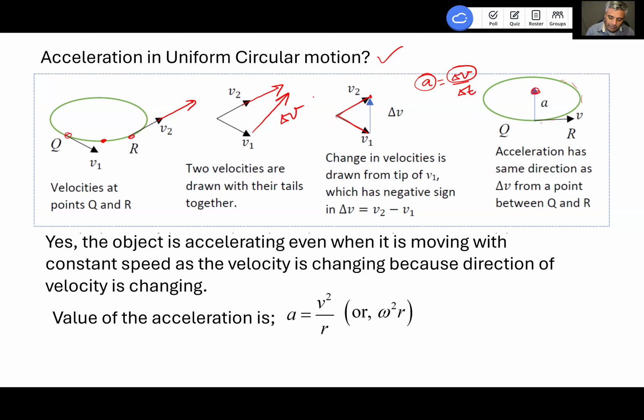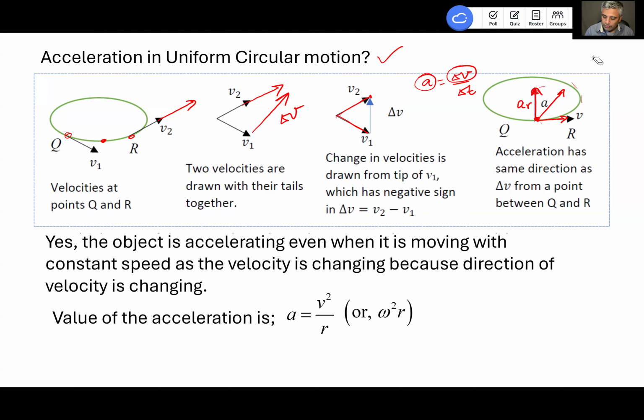If I were to draw that over here, it's going to look like that. So even when that happens, we can always find a component in that direction, and we call that radial acceleration, okay? And another component is going to be there, but we're going to draw it over here.